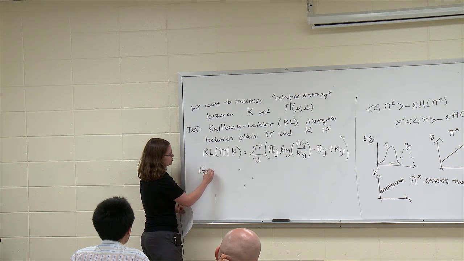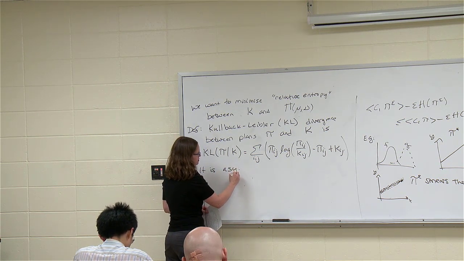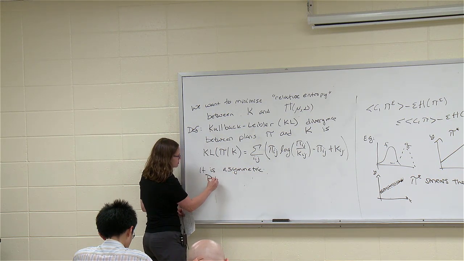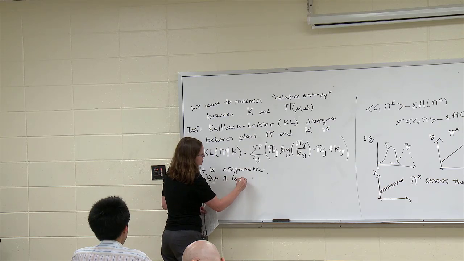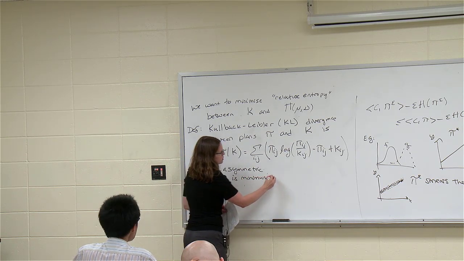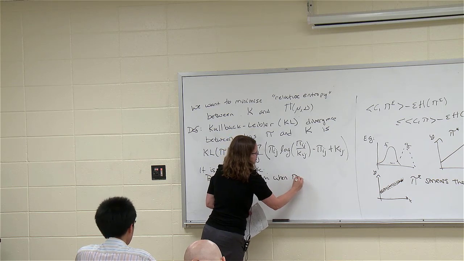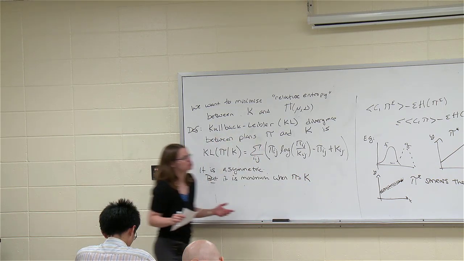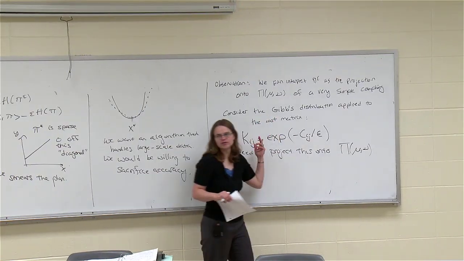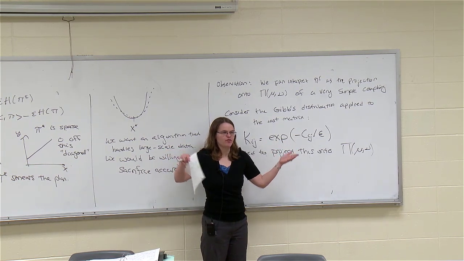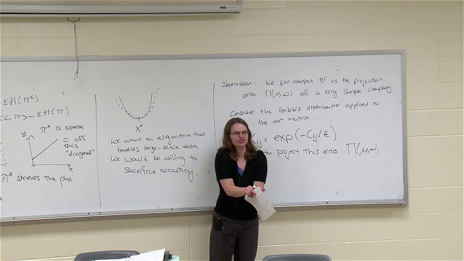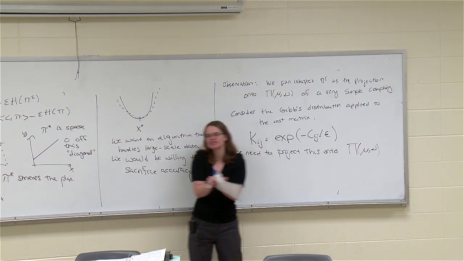And that's certainly something we want if we're trying to find the plan in here that's as close as possible to k. If we happen to find something that's exactly equal to k, then minimizing this divergence or distance should pick that.